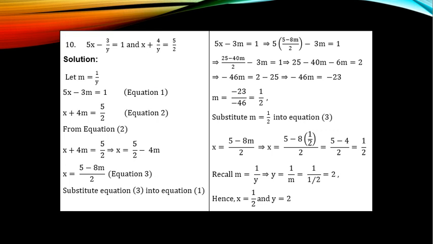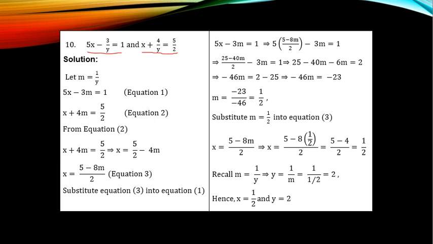Example 10, you have 5s minus 3 over y equal to 1, and s plus 4 over y equal to 5 over 2. This is like example 9, but y is the only unknown at the denominator.